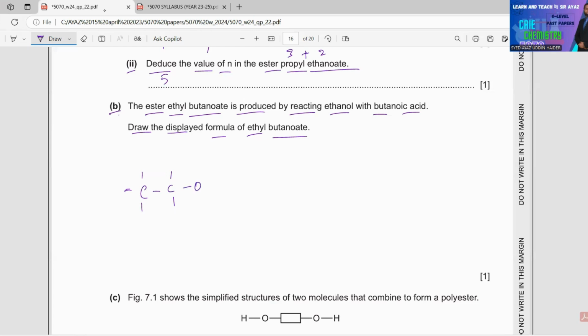We have oxygen, carbon, double bond O. Then we must be having 3 more carbons, 1, 2, 3. So this is the displayed formula for ethyl butanoate.